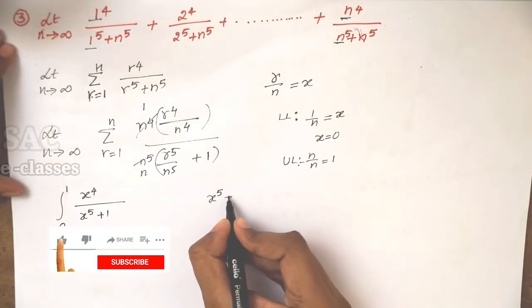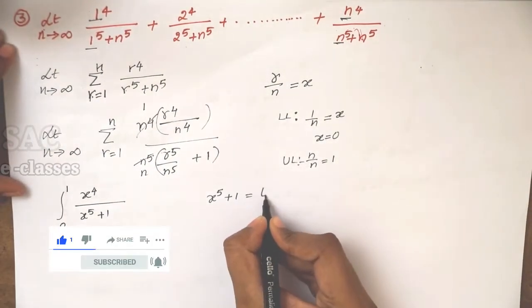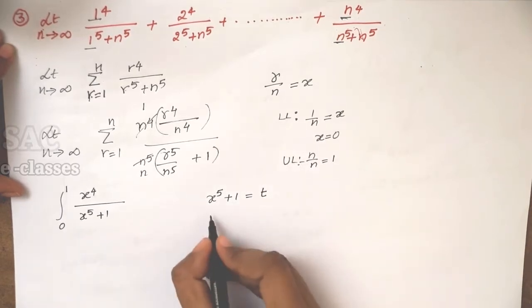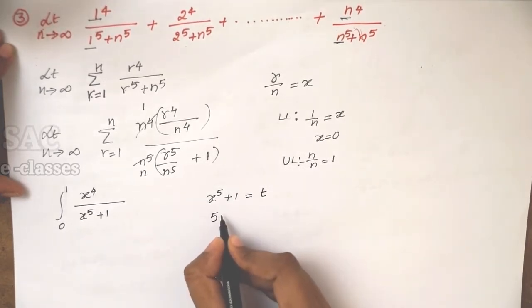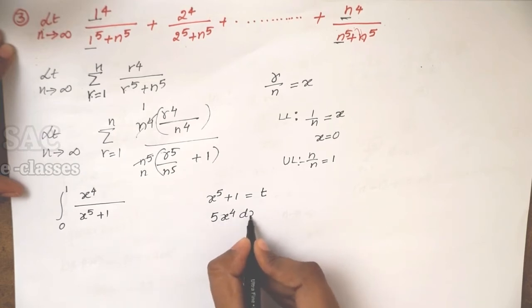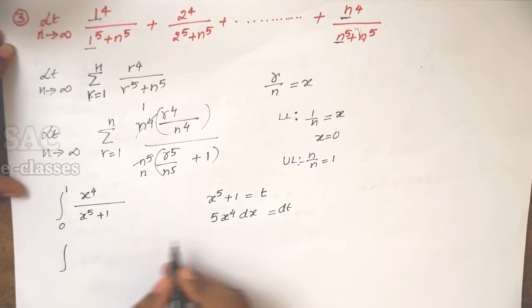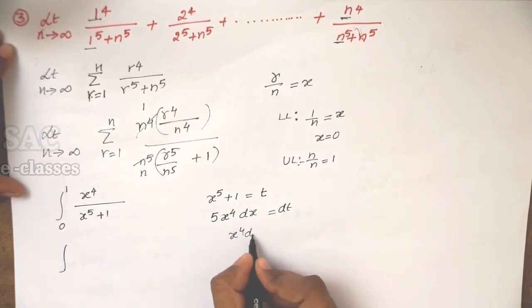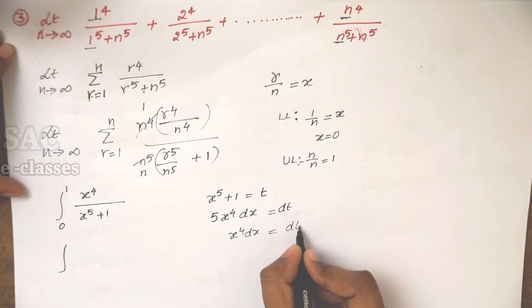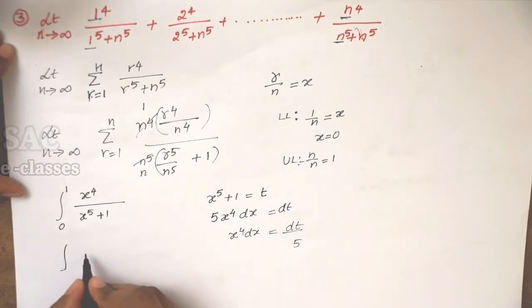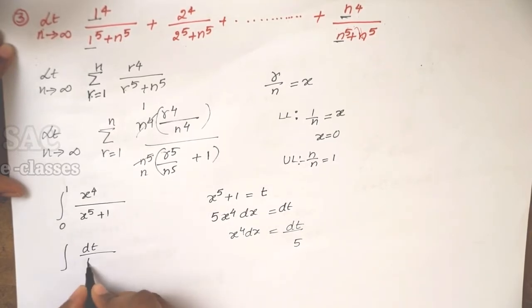Now x power 5 plus 1, let us assume some variable as t. Now you can write differentiation of x power 5 is 5 into x power 4 dx is equal to dt. Now x power 4 dx is equal to dt by 5 into this entire value is t.